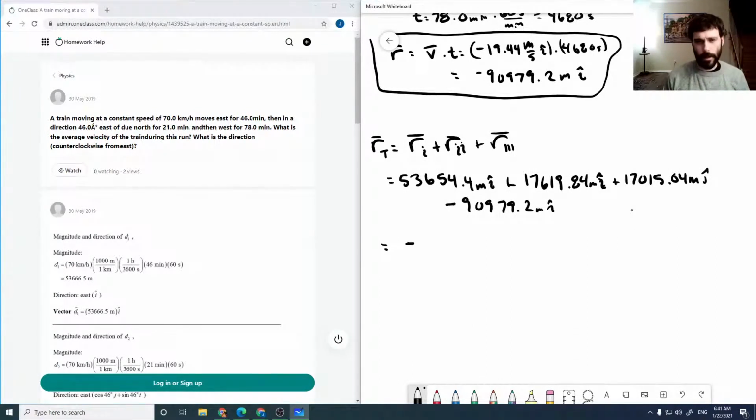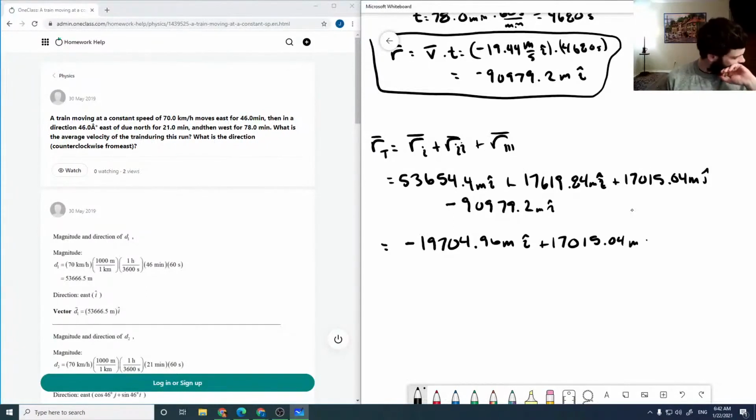So it comes to negative 19,704. Okay, so that's my total displacement. And so my velocity is going to be my displacement over my total time. My total time is just the sum of all my times.